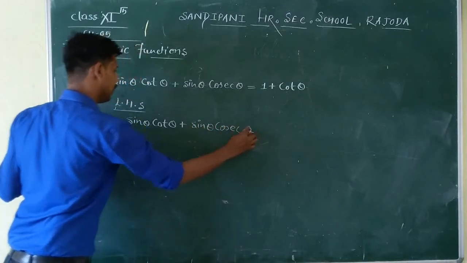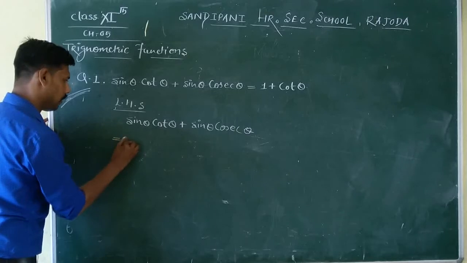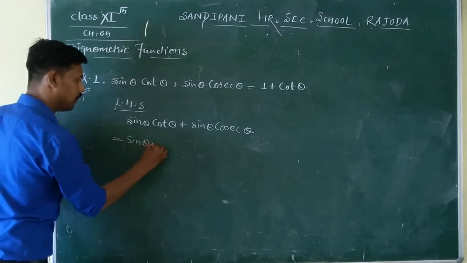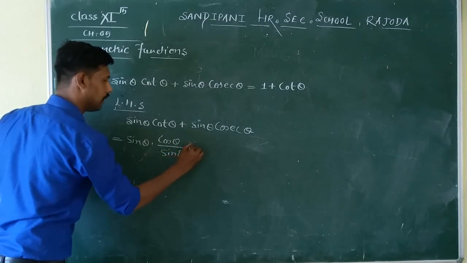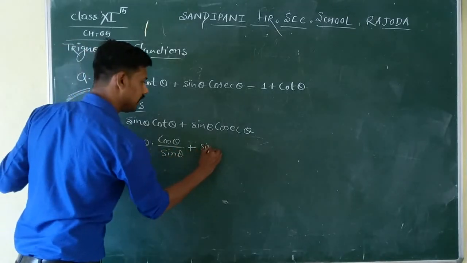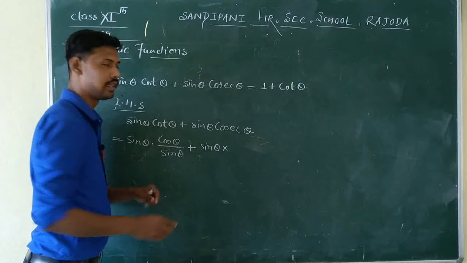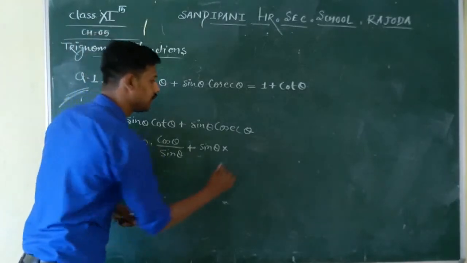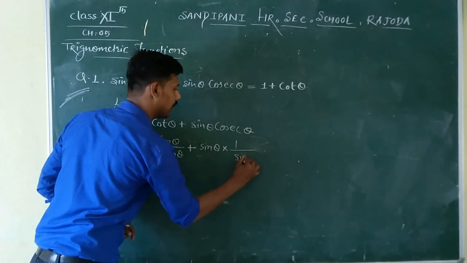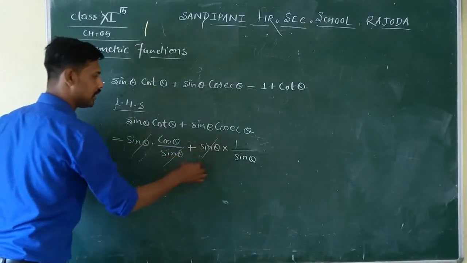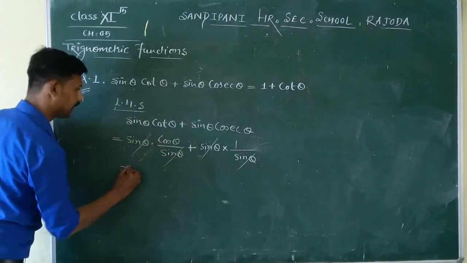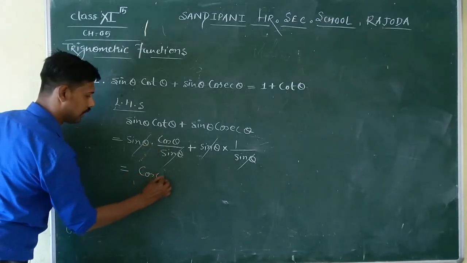You know that the value of cot theta will be equal to cos theta by sin theta, and cosec theta is the reciprocal function of sin theta, so we take 1 by sin theta. Here sin theta will be cancelled from sin theta, so cos theta plus 1.